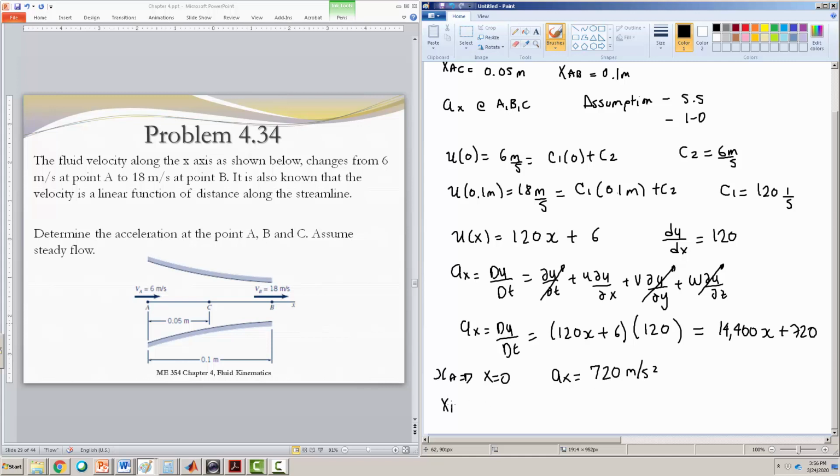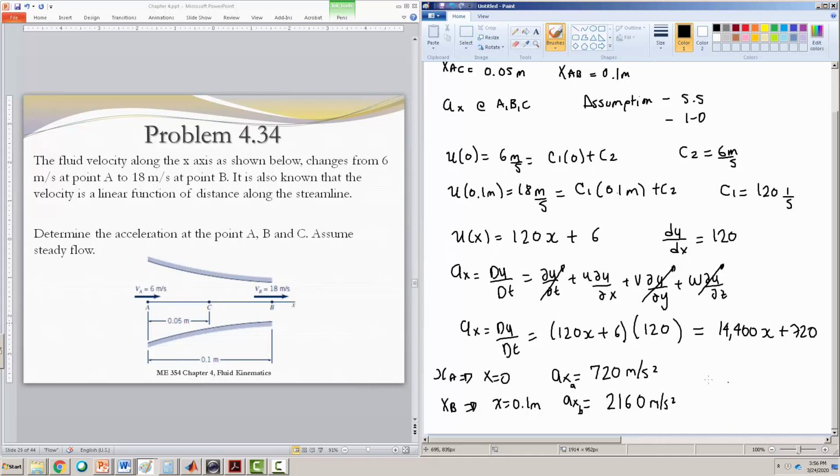If we evaluate it at point B, we have that the position is equal to 0.1 meters. Once again, we substitute it, and it gives us 2,160 meters per second squared.